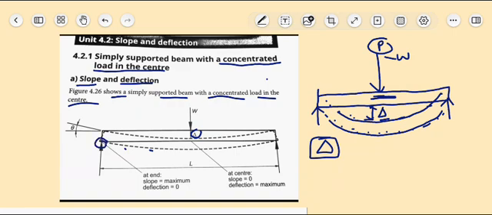If you take a line here, you see the line will be straight. That means the slope at the middle is equal to 0. From the initial point, if you take a straight line like this, there will be some angle at the beginning.